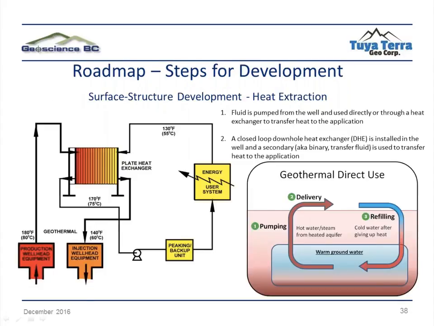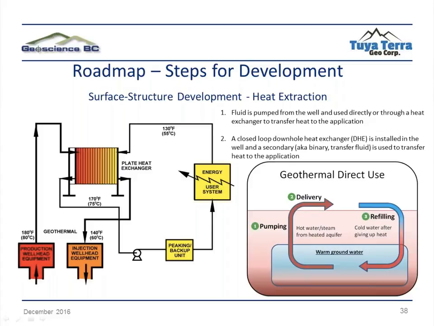We've seen the slide in Module 2, I believe, where we talked about the two different ways you could be extracting heat. You could be extracting it directly by utilizing the fluid within the ground, within an aquifer or geothermal reservoir, and that fluid is pumped through a well and then used directly for end-use applications.